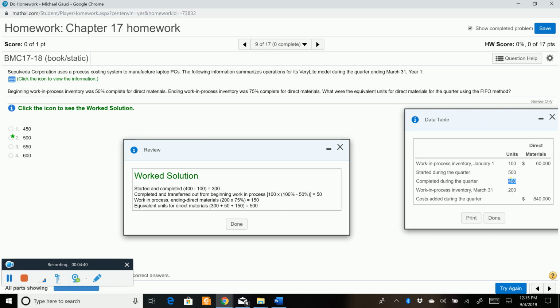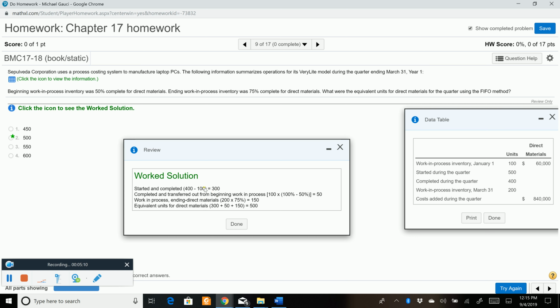Well, how many physical units were in beginning WIP? Let's come up here. There were 100. So if there were 400 units completed during the period, but 100 of them were actually from the beginning WIP, that means 300 items were both started and completed in the same period.